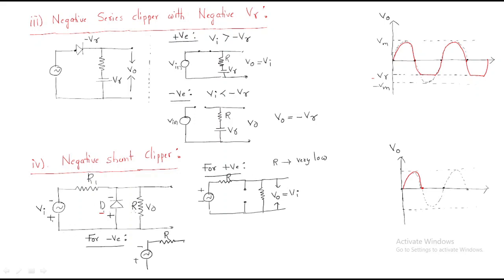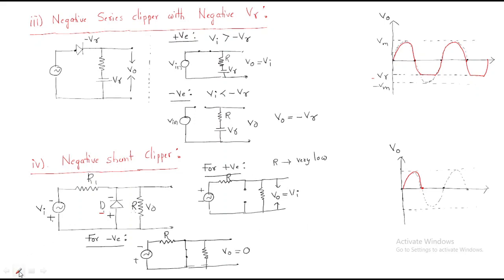This is in series connection, so this is in forward bias. That's why the diode becomes short circuited. Then here is the resistor. Wherever the diode becomes short circuited, the voltage across this branch is 0 and this branch is connected in parallel to it, so automatically the output V0 is 0.